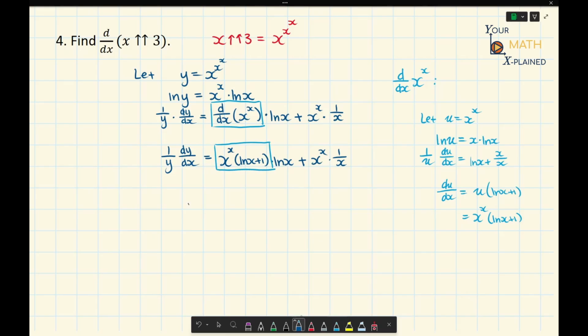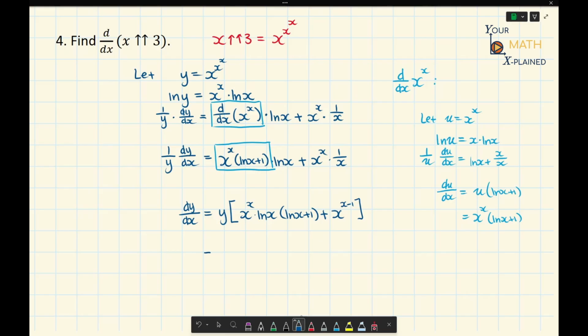And now finally, the last step here is isolating dy dx, and this is equal to y times x to the power of x times ln of x times ln of x plus 1 plus, and we can simplify that second part of this equation. This is just x to the power of x minus 1.